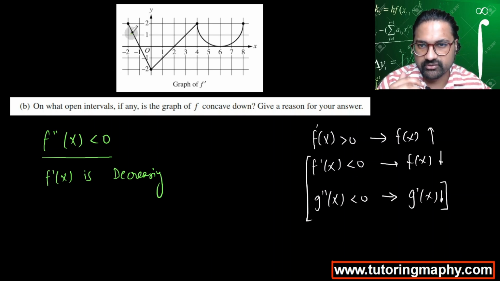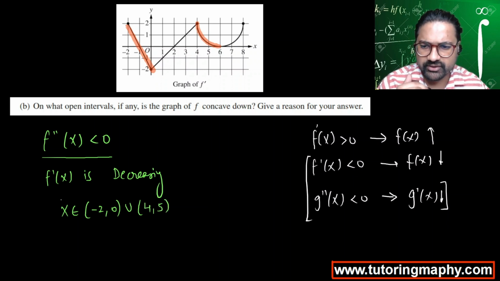That's pretty straightforward. Over on this interval, and on this interval, this is where the f prime is decreasing. So the value of x is from -2 to 0 union 4 to 6.